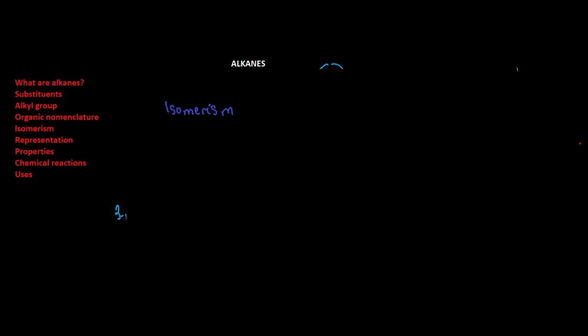Isomerism is the existence of compounds with the same molecular formula but different structural formula.